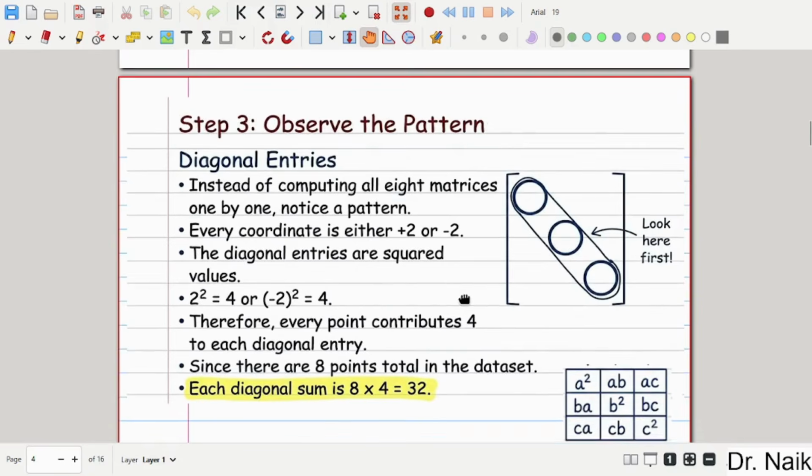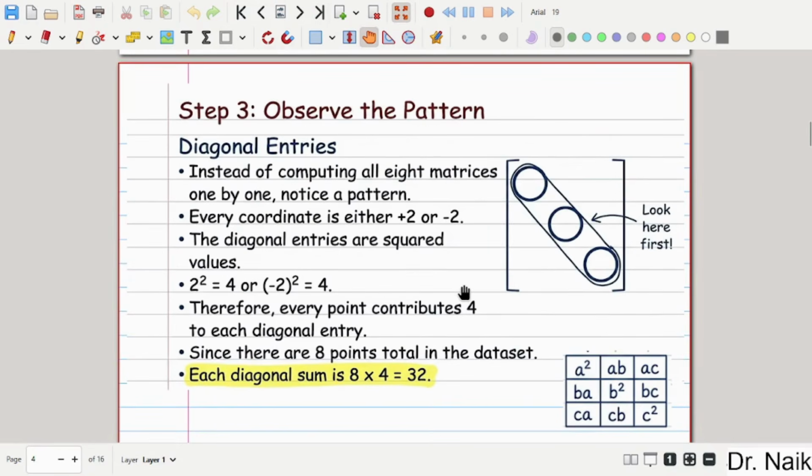Now instead of computing all the 8 matrices one by one, notice a pattern. Every coordinate is either plus 2 or minus 2, and the diagonal entries are the square values. So it can be either plus 2 square or minus 2 square.